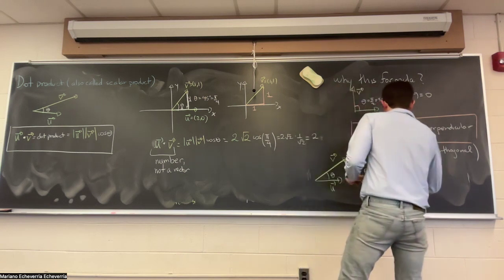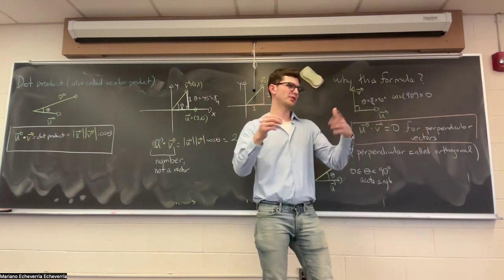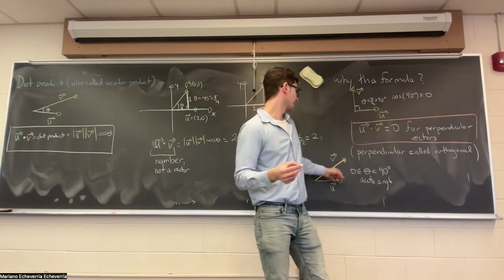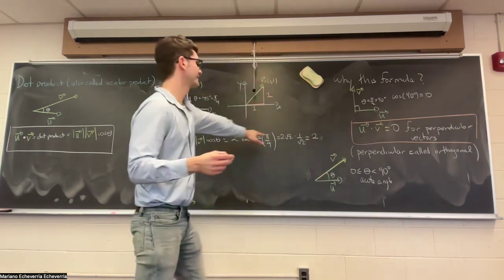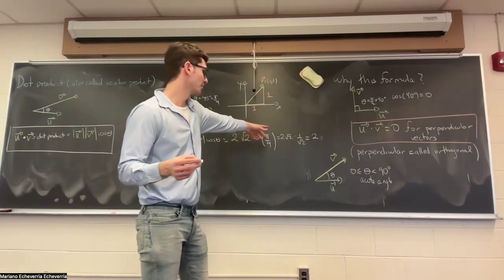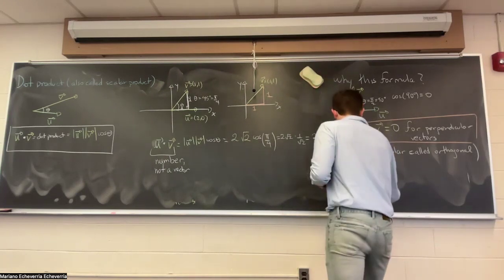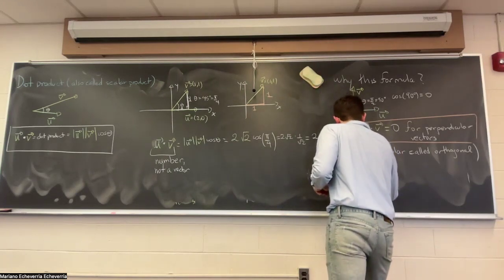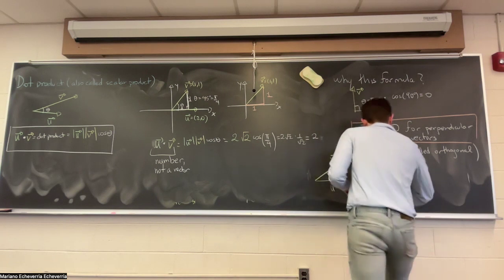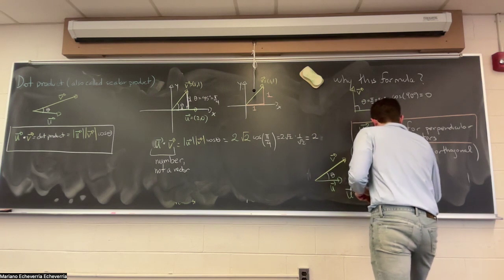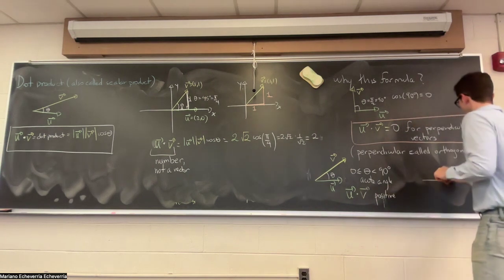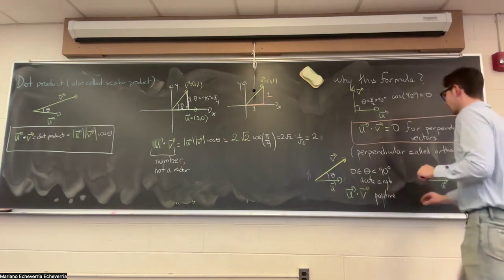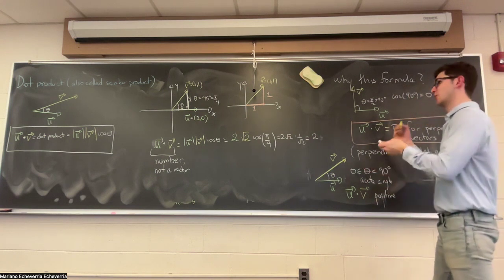If you remember, cosine is positive between 0 and 90. So if the angle is less than 90, the dot product will be positive, which is what happened in this situation. The angle was 45 degrees and the dot product ended up being positive. The other possibility is for the angle to be between 90 and 180.